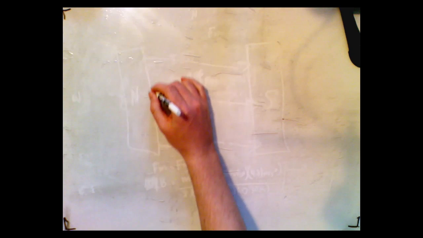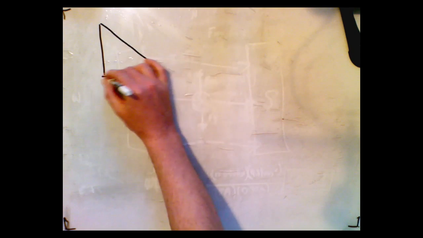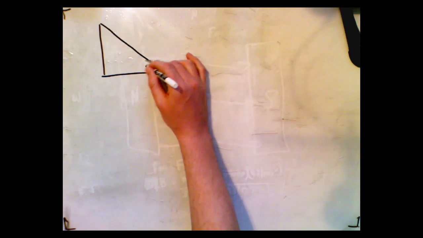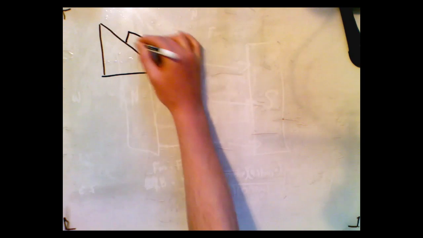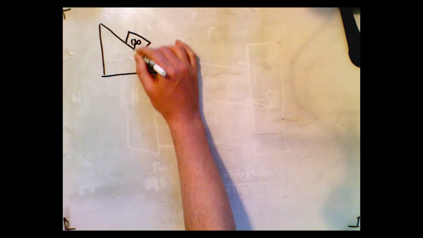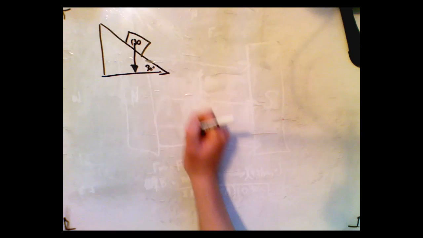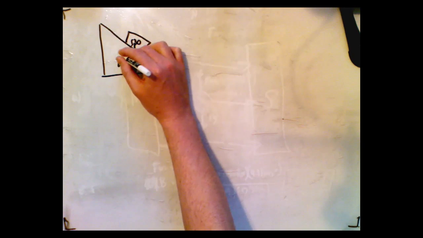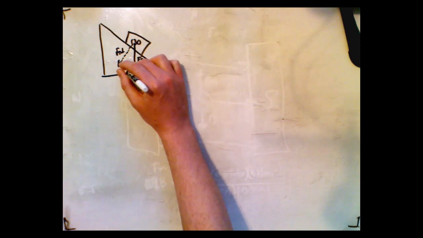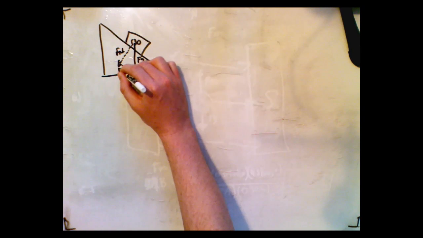And so we'll draw on that free body diagram. There. This is 30 degrees. They have a mass of 130. We have our force of gravity, which is straight down. We have our perpendicular and our parallel component.